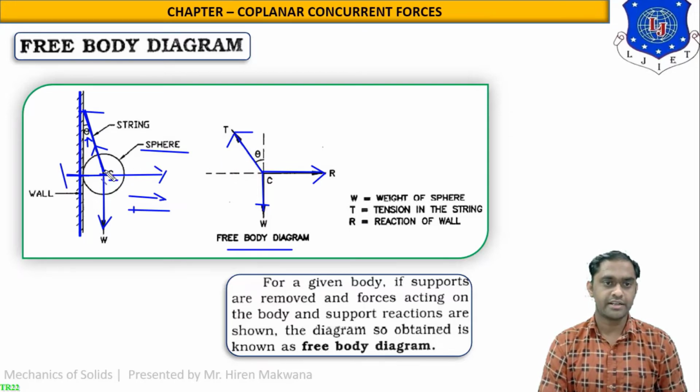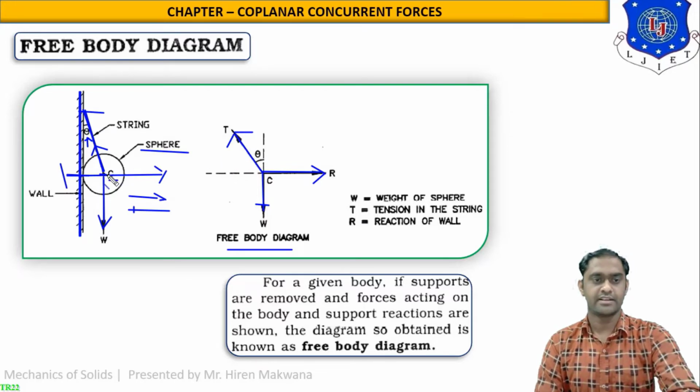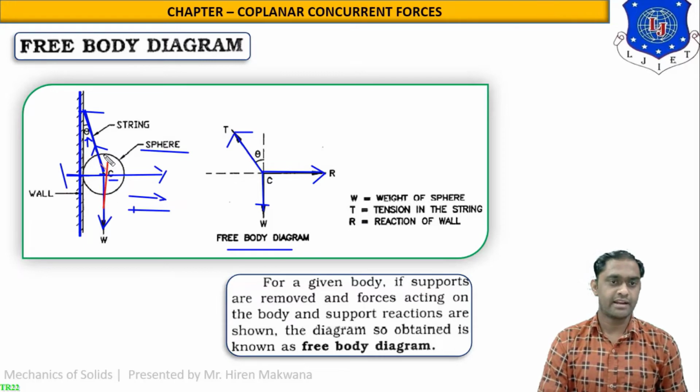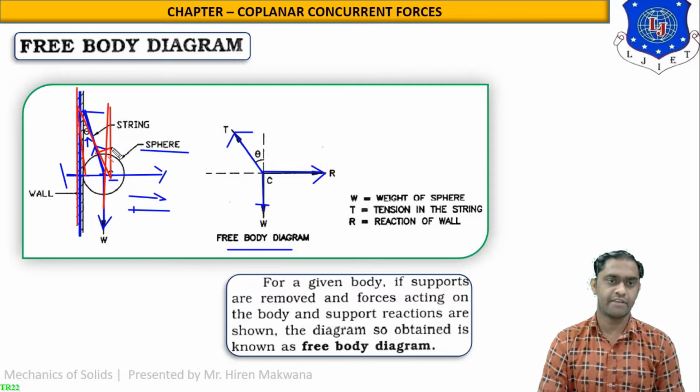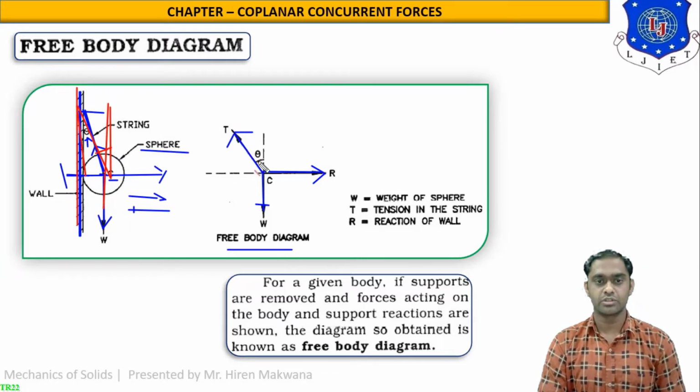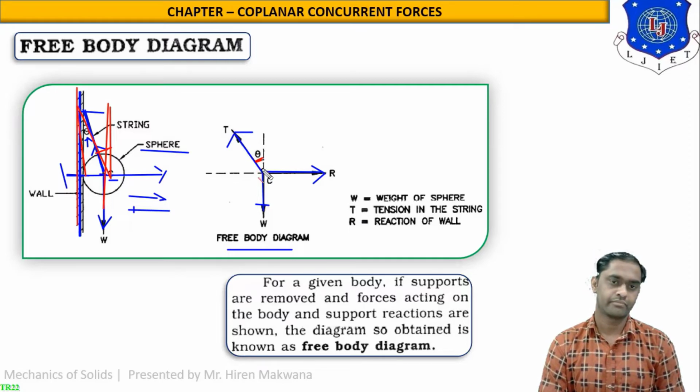Clear? And the theta, if you draw a vertical line like this from the center of the sphere, then this wall is parallel to this line. So this is the Z formation, and this theta will be the alternate angle. So this is the theta, which is the alternate angle.